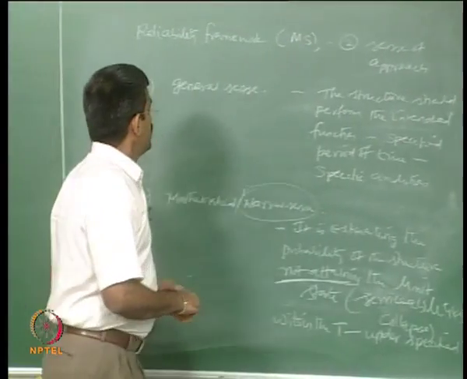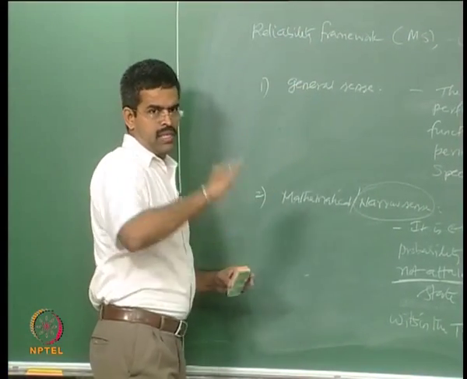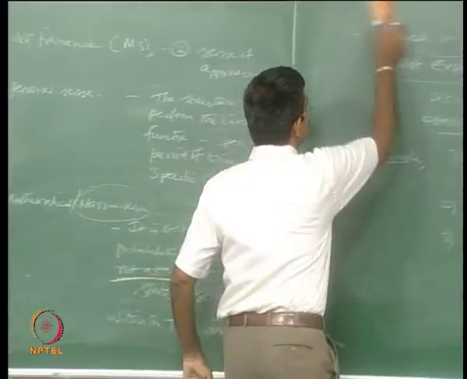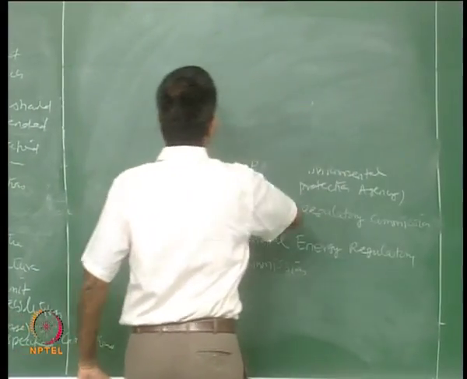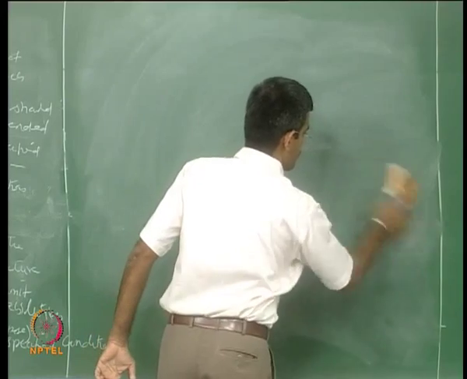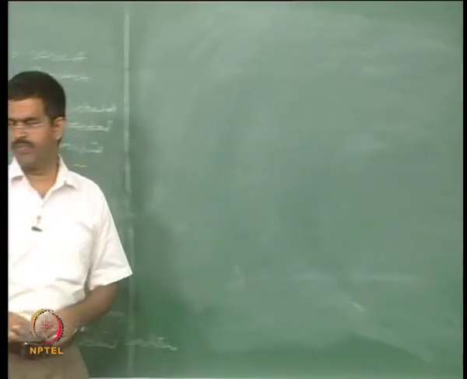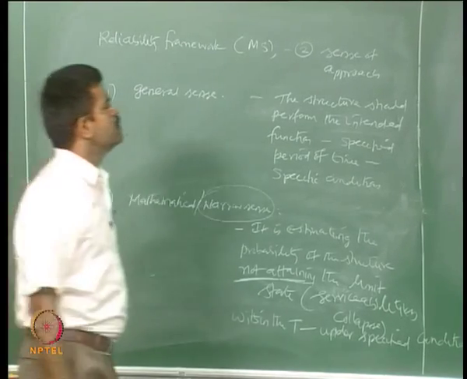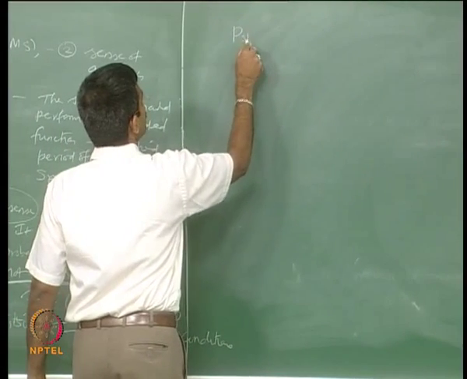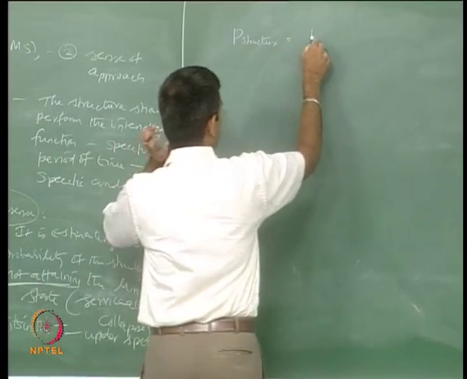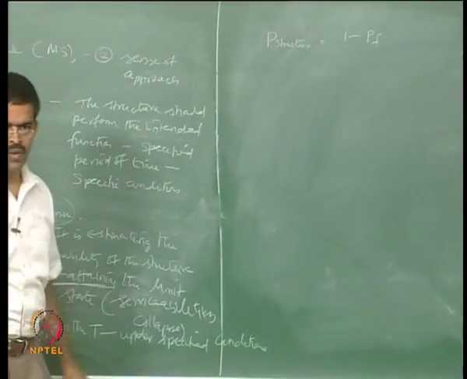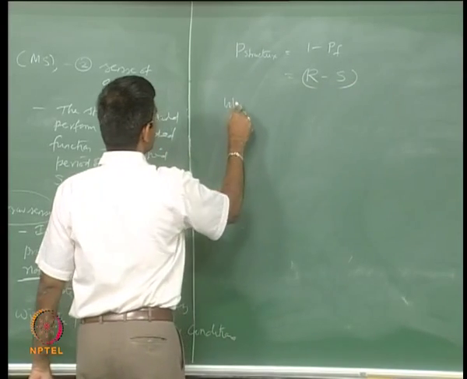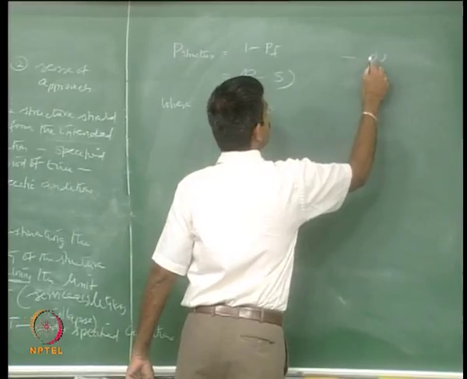So, the reliability framework overall is encompassed in estimating the probability of failure, as we discussed in the last lecture. So, the focus is to estimate the probability of failure. So, the reliability of the structure can be 1 minus probability of failure, which can be expressed as probability of R minus S, where I call this equation number 1 for this lecture.